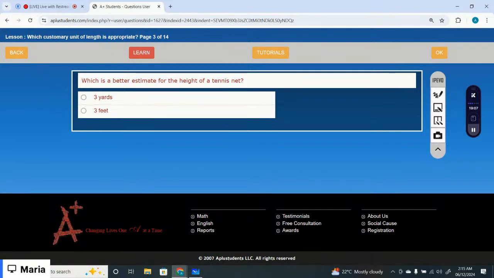Which is a better estimate for the height of a tennis net? Which is the correct option?